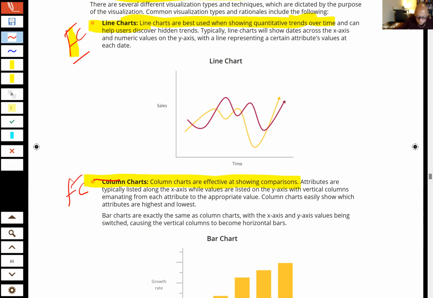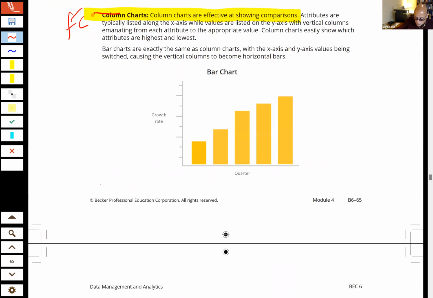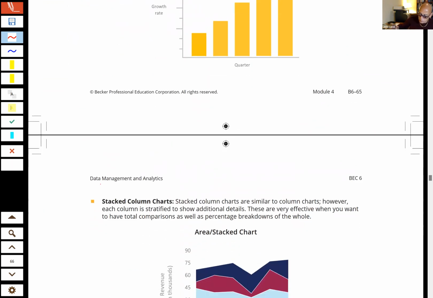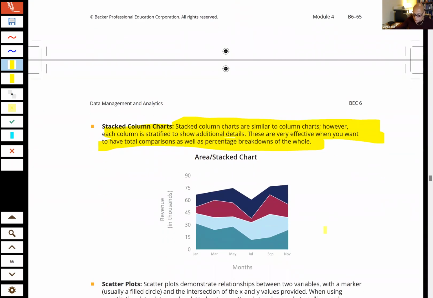Okay, stacked column charts are similar to column charts, but each column is stratified to show additional details. So if you want to show comparisons over time for these columns, for example, they show us this.